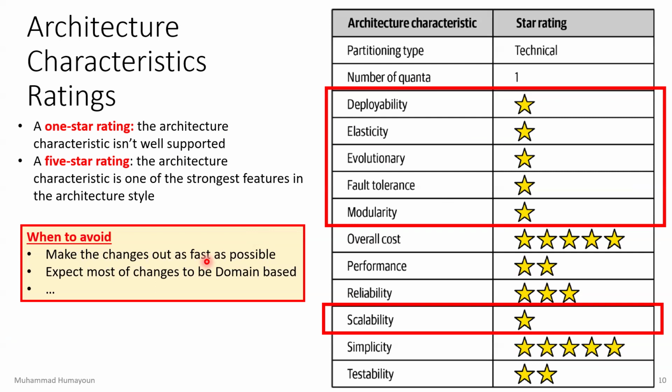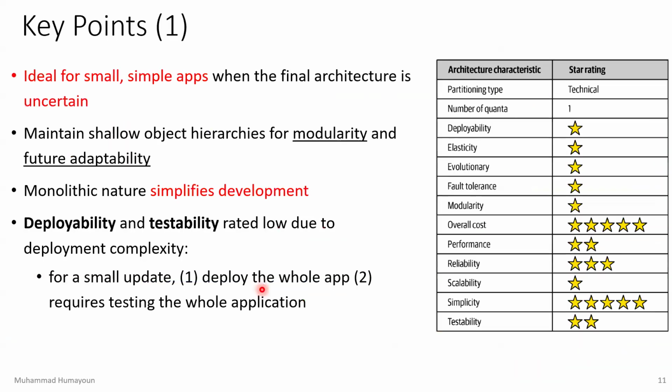Instead, if a lot of things are not finalized and can change on the fly, you should go for domain-based architecture. So the key points are it is ideal for small and simple applications because these are highly rated for overall cost and simplicity.